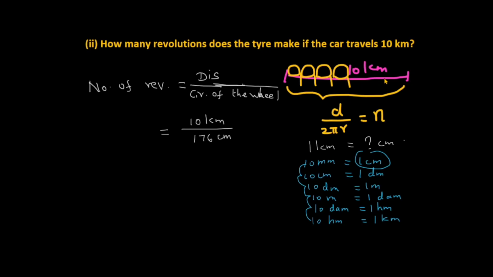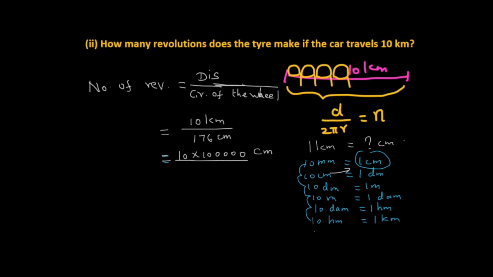We need to multiply 5 times to get 1 centimeter, so 10 into 10 into 10 into 10 into 10, which is 1 lakh.